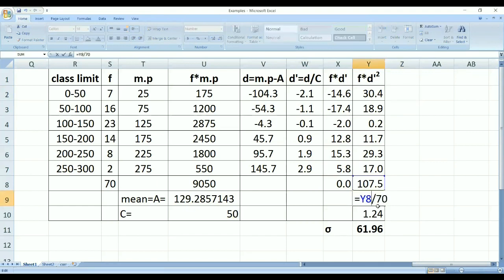So if you calculate this, means f dash d dash square divided by n, and this is the square root of that.